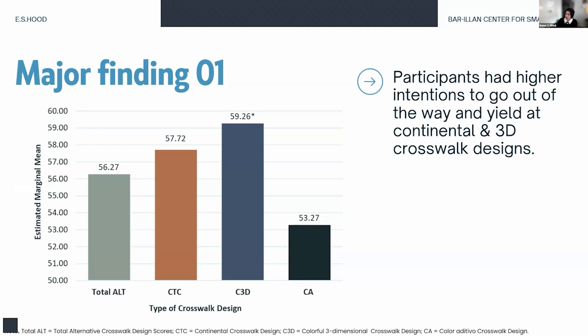And that was interesting because we looked at why people were also not interested in the color additivo, and many of them said, and that was the blue and white design, the blue and green with like splashes of white, and we asked them what is it about? People had said that they didn't believe that they were crosswalks. They didn't recognize them as crosswalk design. So it's like, oh, interesting.